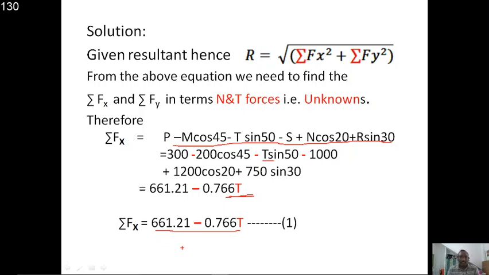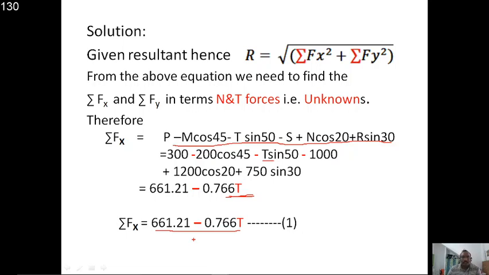Therefore sigma f of x came as 661.21 minus 0.766 t. You observe that in the earlier equation we knew the t value, so we substituted it and got a value of 200 something. But here we don't know the t value, hence sigma f of x has to be kept in terms of t only.